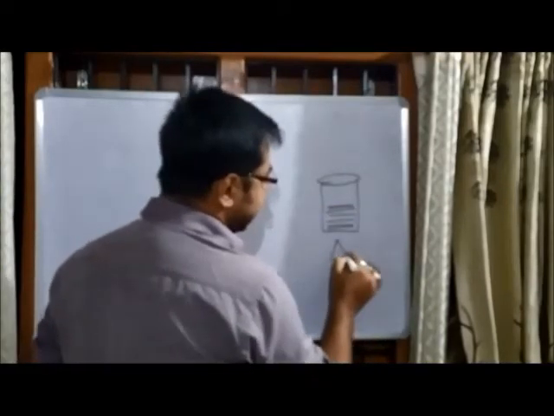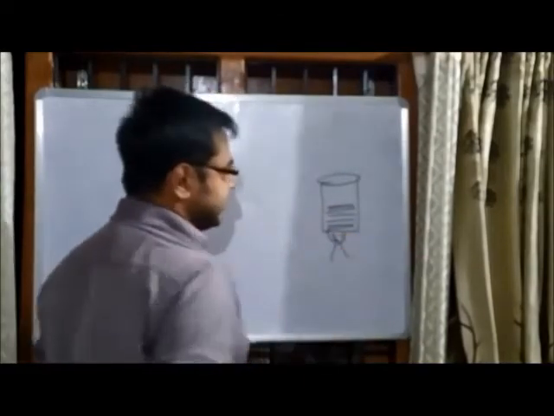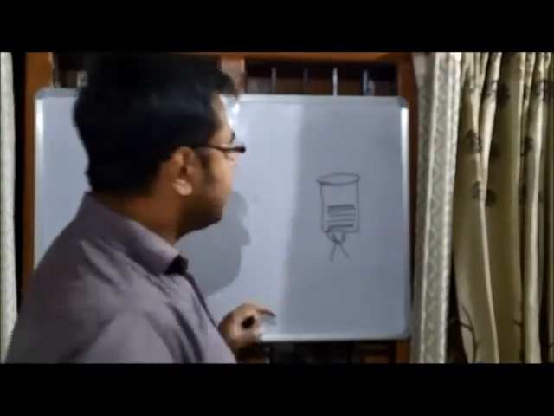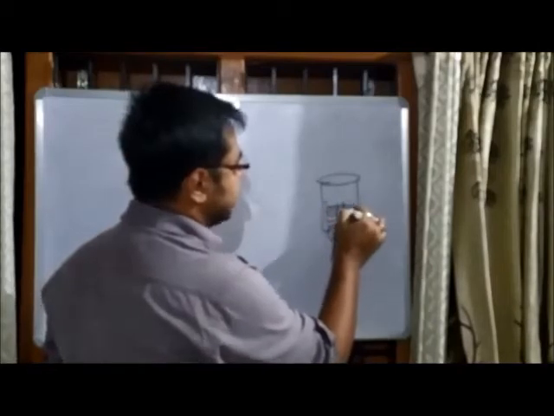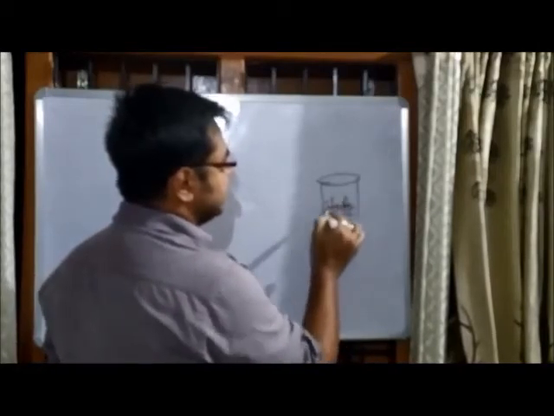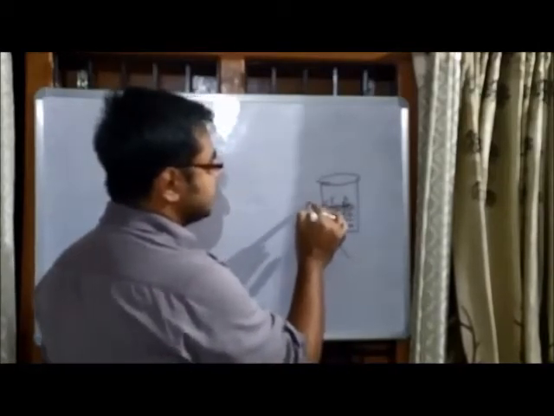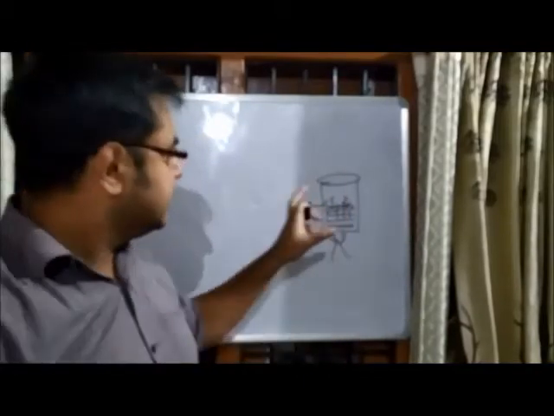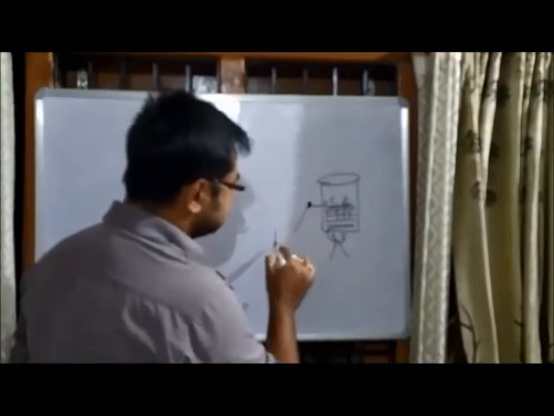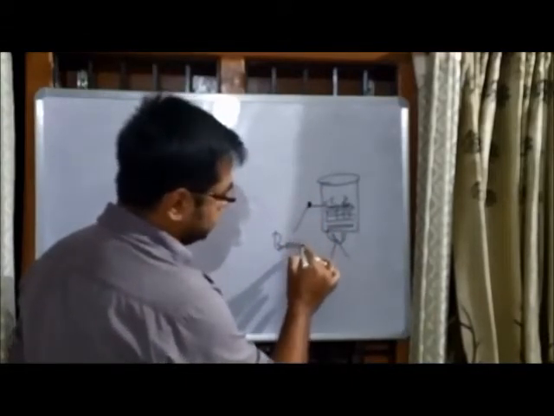If we start heating this vessel containing the water, slowly the water will start evaporating, right? At what point is it going to evaporate? The point at which it evaporates is known as the boiling point.